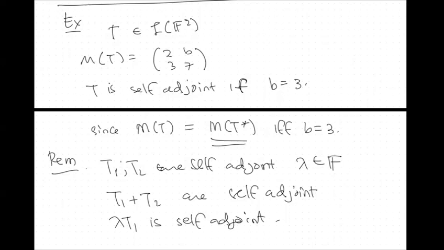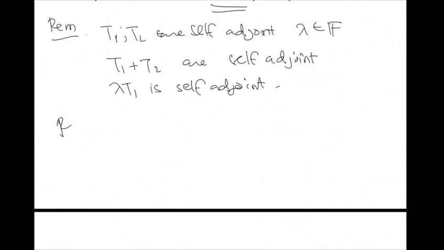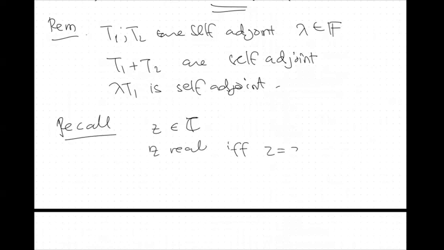So recall, for a complex number z, z is real if and only if z equals z bar. Okay. So the next result is interesting if the field is C, because if the field is R, automatically every eigenvalue is real. So here, let us consider this too.